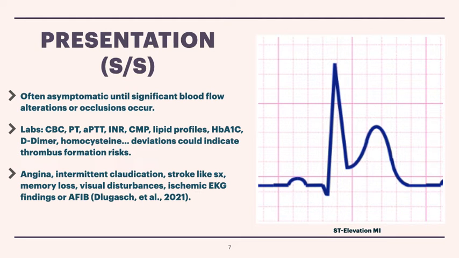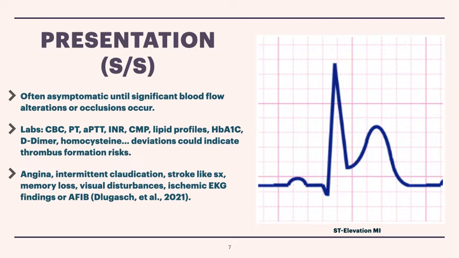So, presentation. As a clinician, we need to know how these patients are going to present with certain symptoms. The thing is, we don't always know when a patient has arterial thrombosis. So it's our job to investigate further using laboratory studies and non-invasive techniques. These include your CBCs, PT, APTT, INR, all things that look at your platelets and coagulation states, your liver function tests, renal functions.